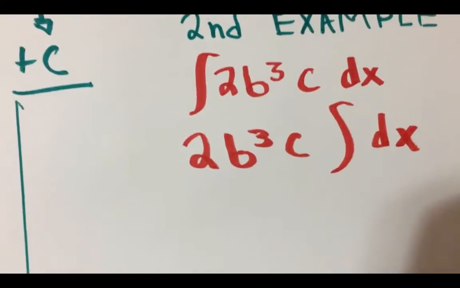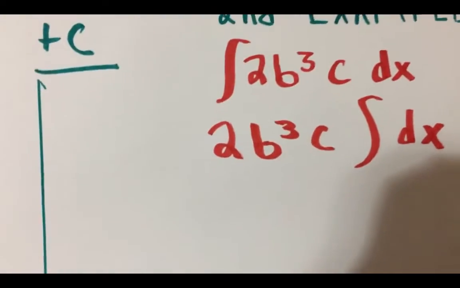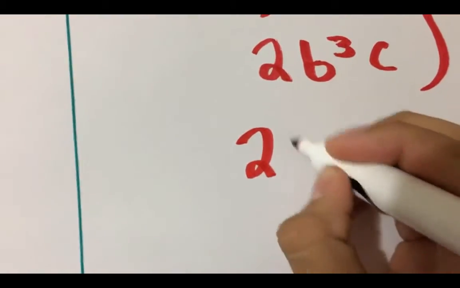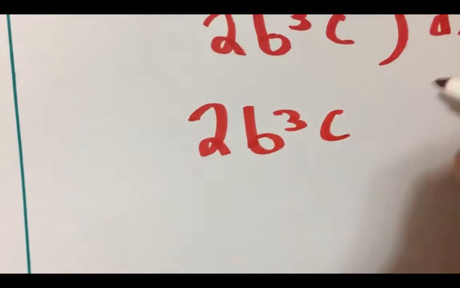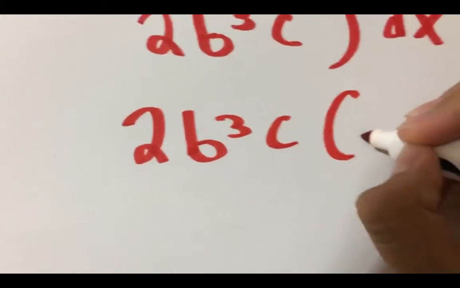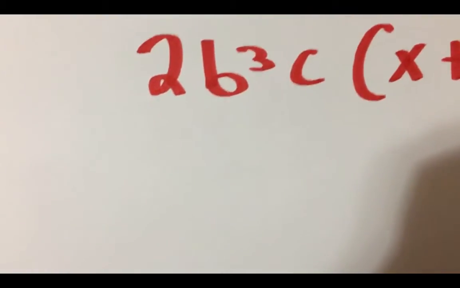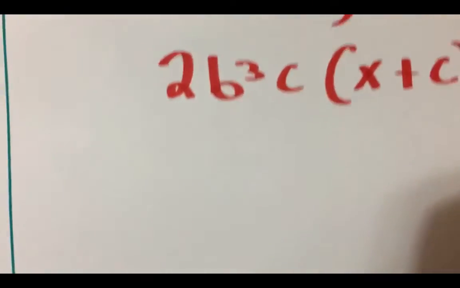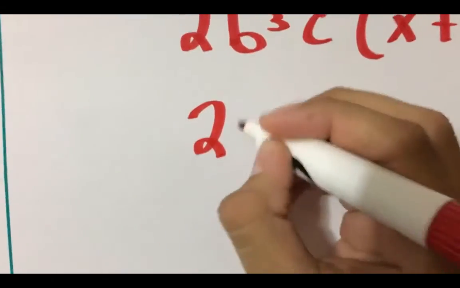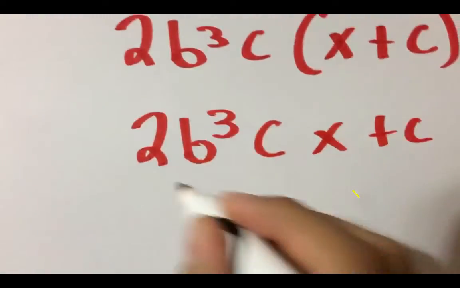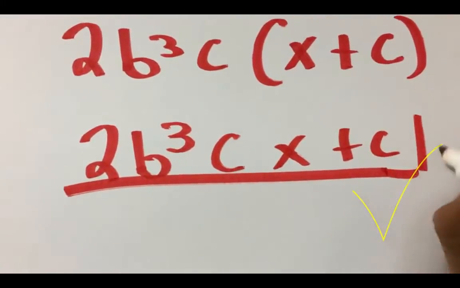And then let's just replace the integral of dx with, in parentheses, x plus c. 2b cubic c in parentheses x plus c. And then the final result when removing the parentheses will be 2b cubic c x plus c. There you go. You have the final result.